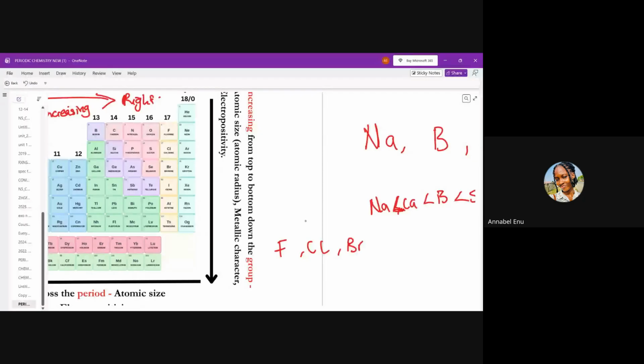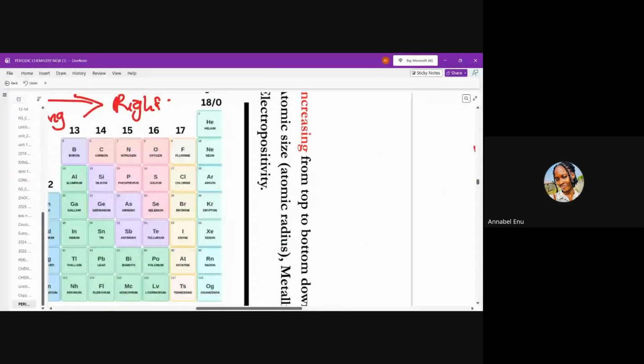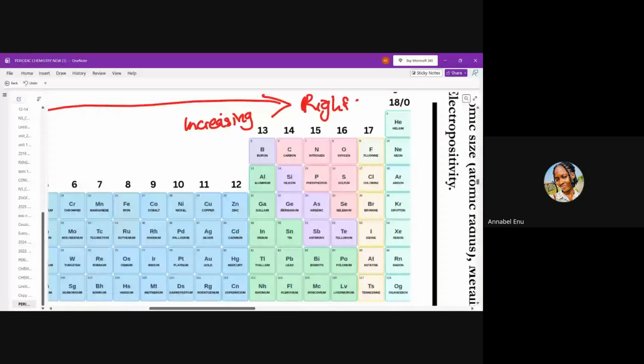But if they say between fluorine and oxygen, let me zoom in on this periodic table. It is still fluorine that is the most, because it increases from left to right across the period. So just know the trend. So when you're given a list of elements, you would know which is greater, which is least.